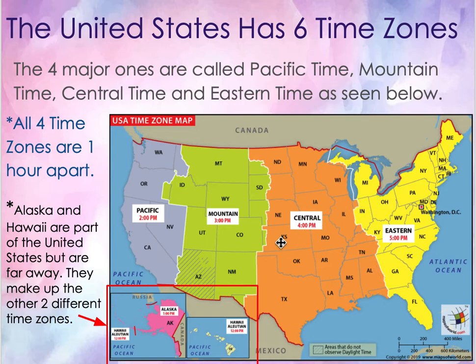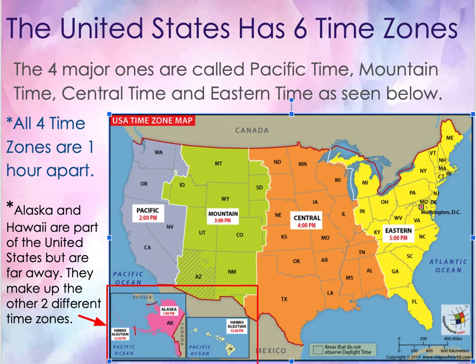We're only going to go back 1, but it's not going to be 11 a.m. It's going to be 11 p.m., because 12 a.m. is midnight. It's nighttime. So if we go 1 hour back to Texas, it's going to be 11 p.m. Got it?